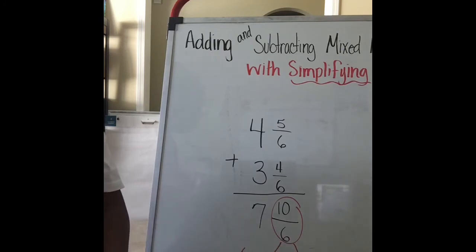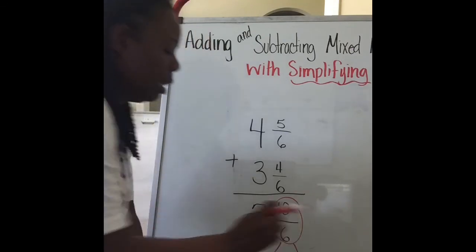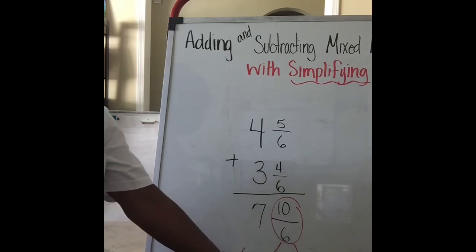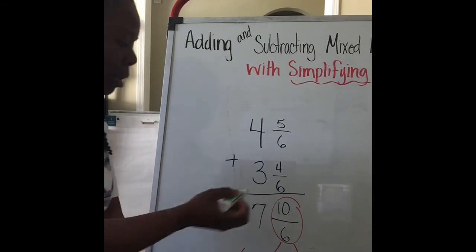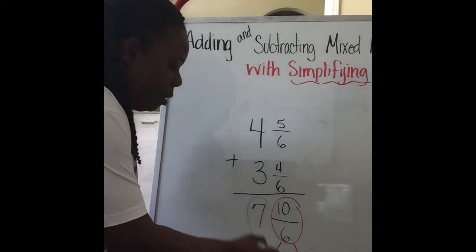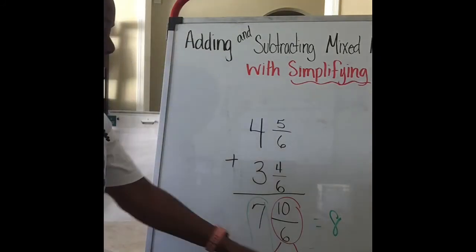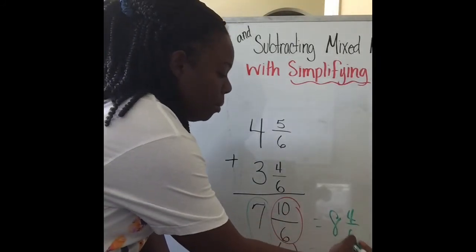Well, 6/6 plus 4/6 equals 10/6. And so you can see, okay, well 10/6 is the same as 1 4/6. And when I rewrite my answer, I'm going to say 7 plus 1, that equals 8. And then my 4/6 is what's left, 4/6.